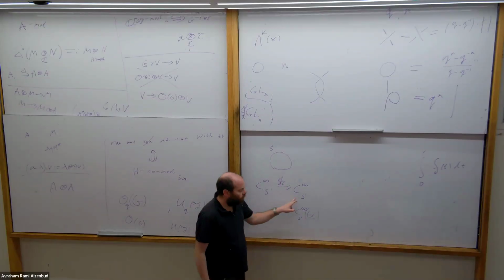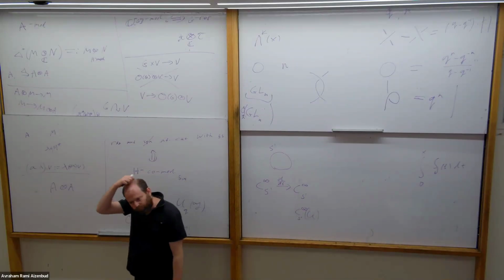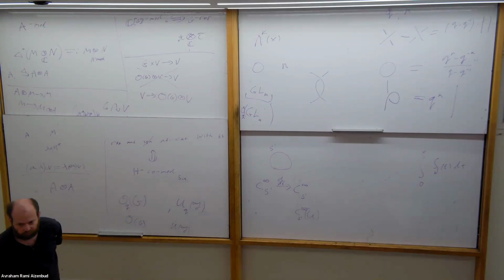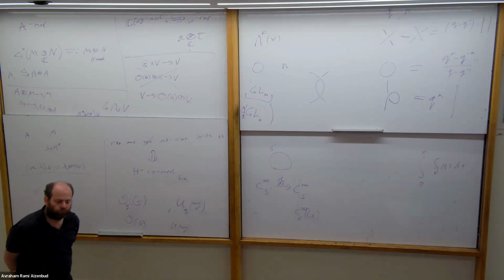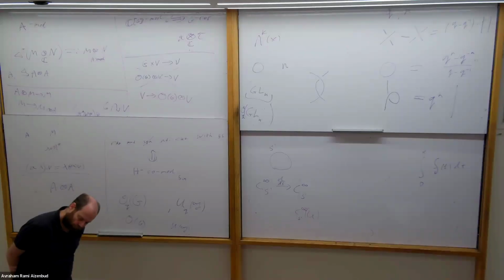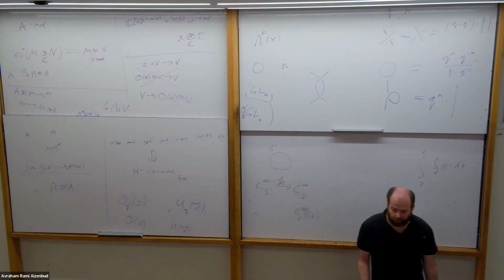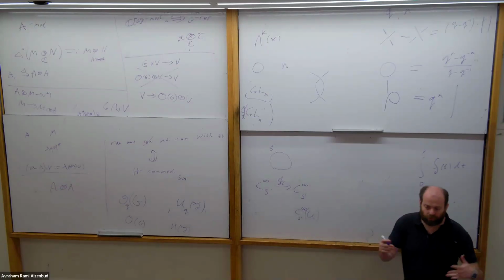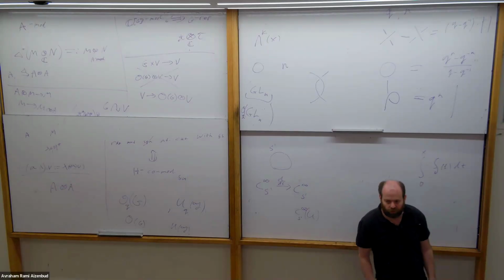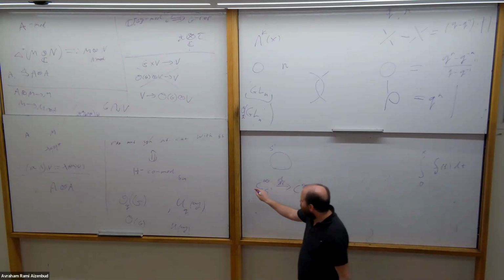What's the kernel of this map? This is not a hard question. What is the kernel of this map? Constant functions, that is the global kernel, but in general, for a general open set, what's going to be the kernel?